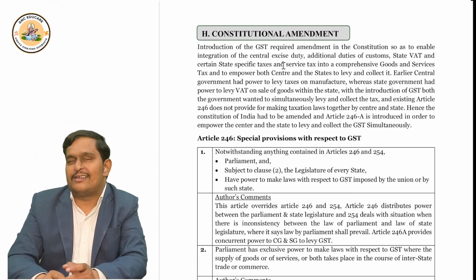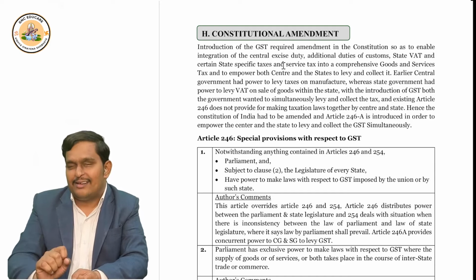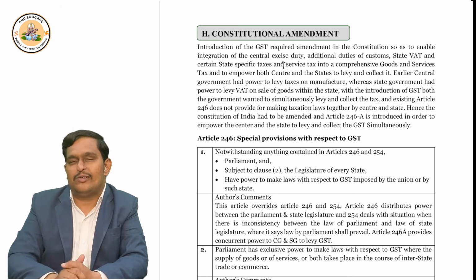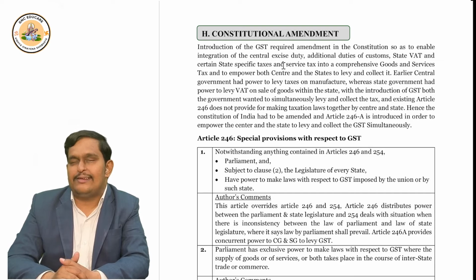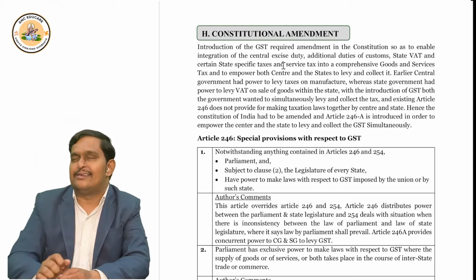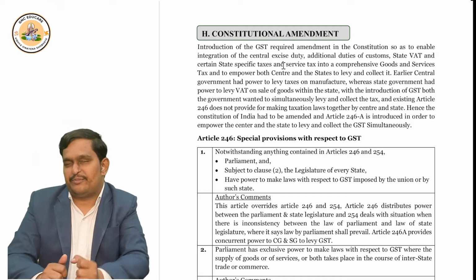And in the concurrent list, there is no such concept of levying tax together, levying tax simultaneously. So when there is no concept as such, a constitutional amendment is required to make a provision, to bring articles to accommodate such a new concept.